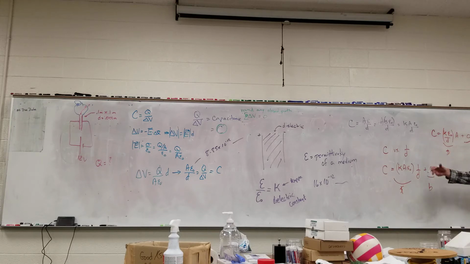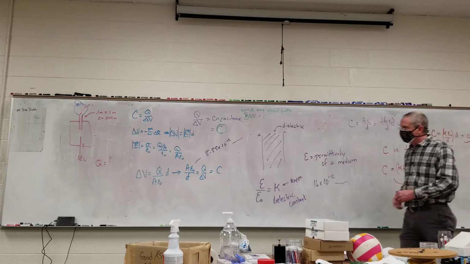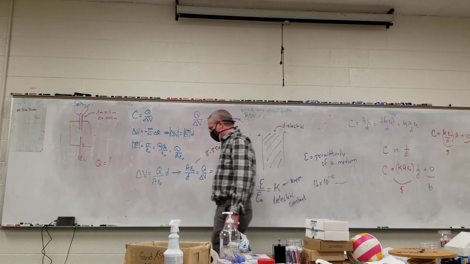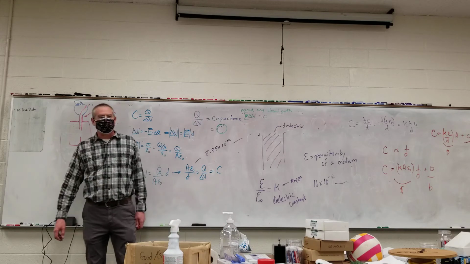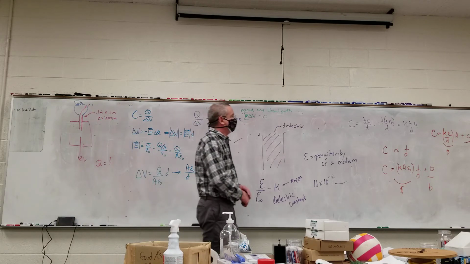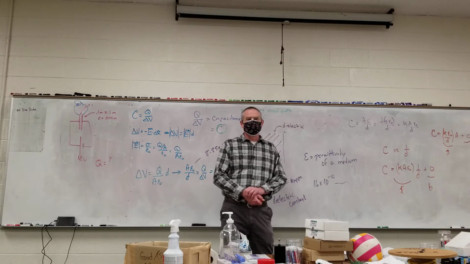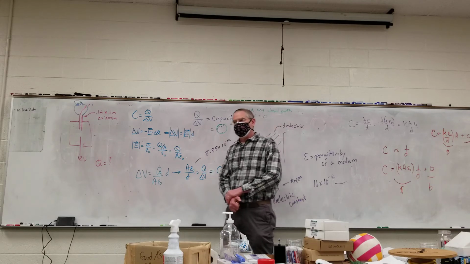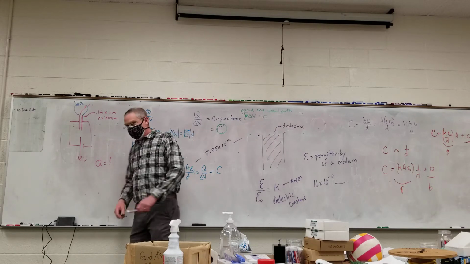But once you have the slope, you can then solve for kappa, because the overlapping area was constant here, the distance between was a constant for that last part, and epsilon sub naught is a constant. All right, questions to here?